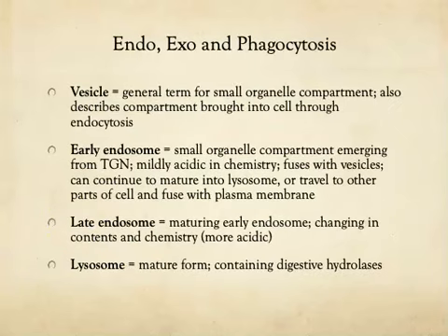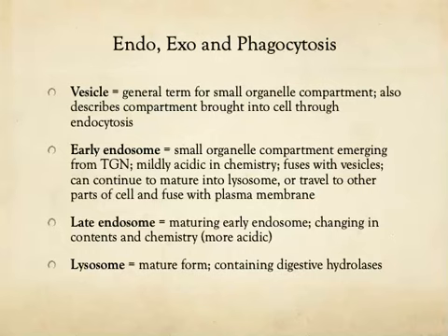Some other terminology that we need to be comfortable with are terms related to the small membrane-bound organelles that are involved in these processes: endocytosis, exocytosis, and phagocytosis. Remember, when we talk about a vesicle or a transport vesicle, we're using a very general term.